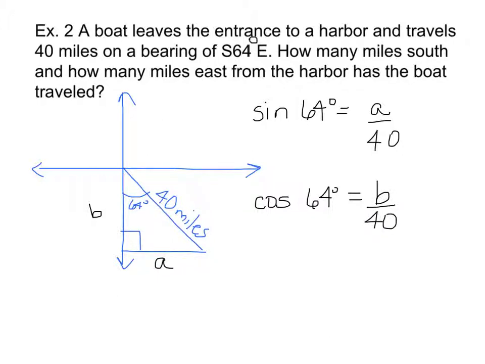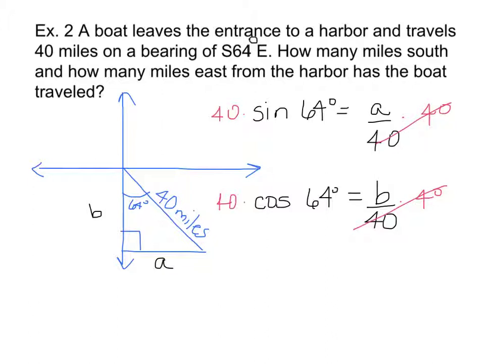So in both cases, we're going to multiply both sides by 40 to get A and B by themselves. And since they didn't tell us what to round to, it doesn't matter if you do the tenth or the whole number.